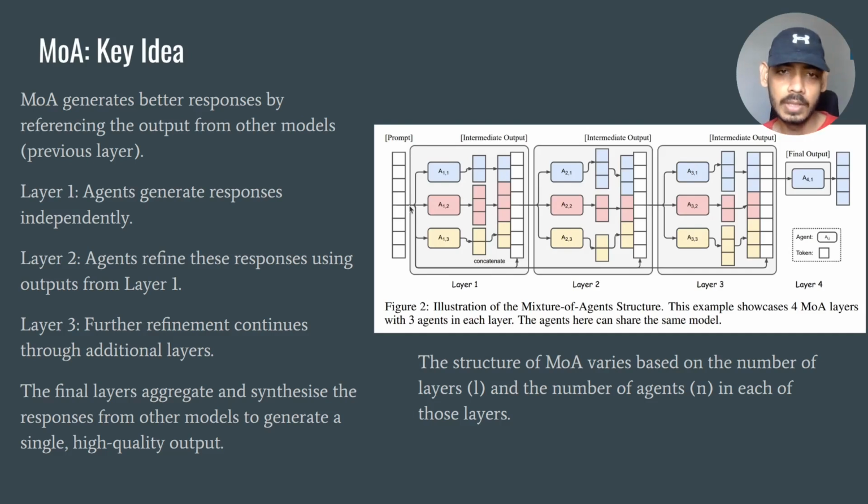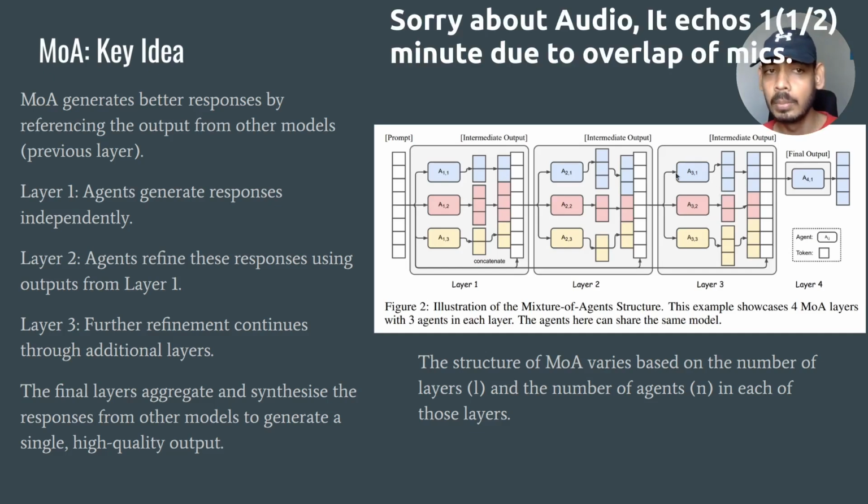The same input could be passed to the next layer as well, so there is a dependency between the previous layer and the initial prompt as well. And at the end, there is a final output, which is again another LLM that synthesizes the output based on the responses generated by the other LLM models.